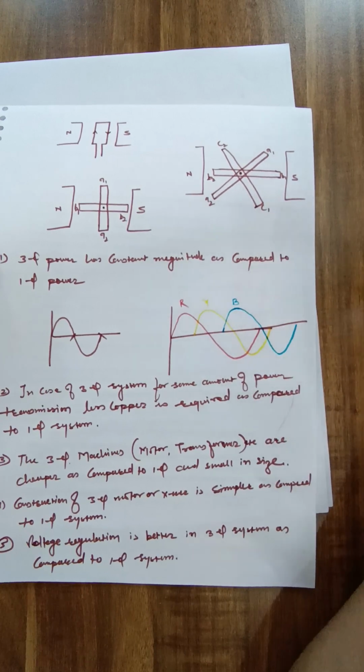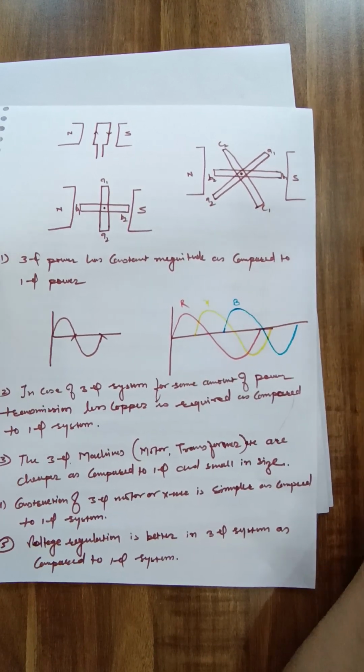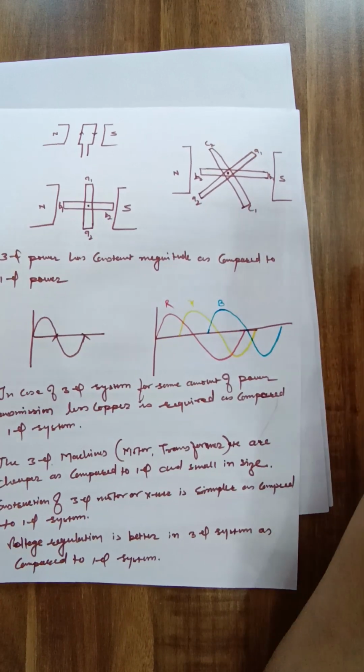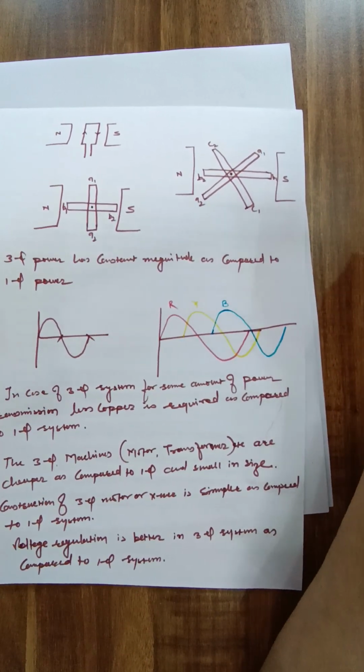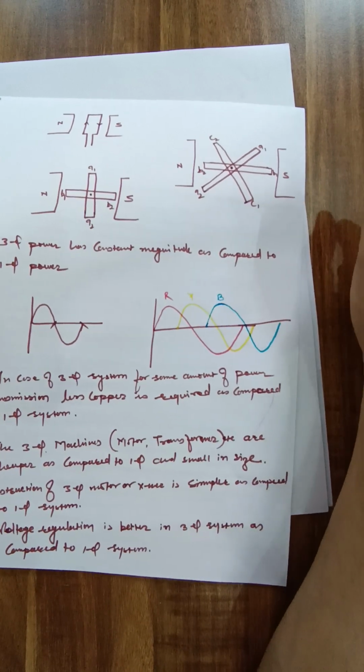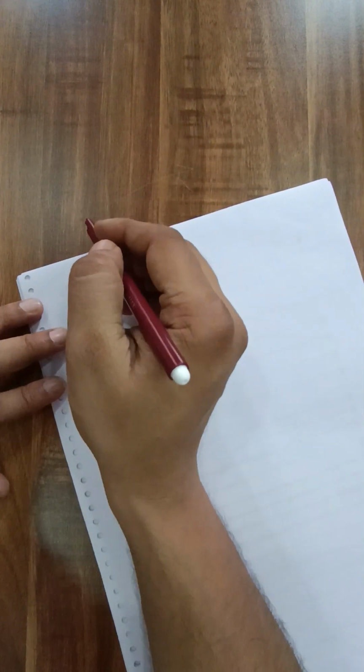So 360 can be divided in three parts, and one part will be 120 degree. And the second reason may be because with a phase displacement of 120 degree, the system will remain balanced. We can find this situation like, let me write the equations, and then we will find the total voltage.